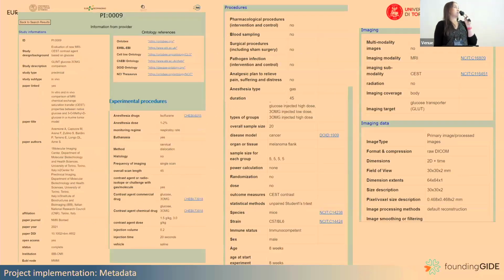Here are some screenshots of the metadata model of one single data set, but I won't go through this in detail.